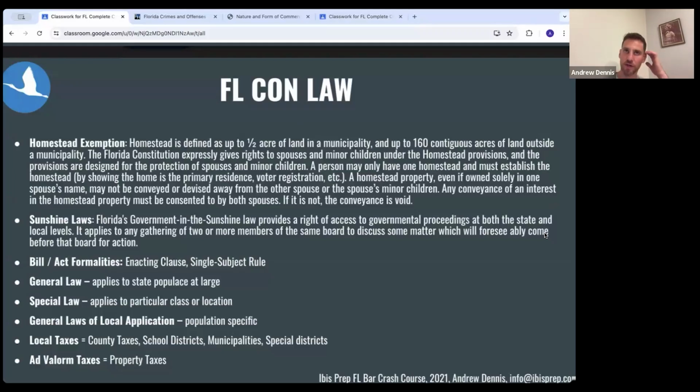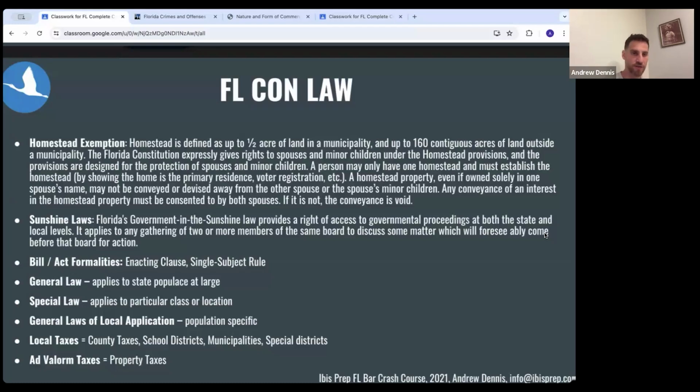Homestead properties are shielded from judgment creditors, except for taxes or judgments from the government, or actual encumbrances on the property, like mortgages, liens, homeowners association fees, the lawyer who procured the homestead, or mechanics liens or construction liens, things like that.